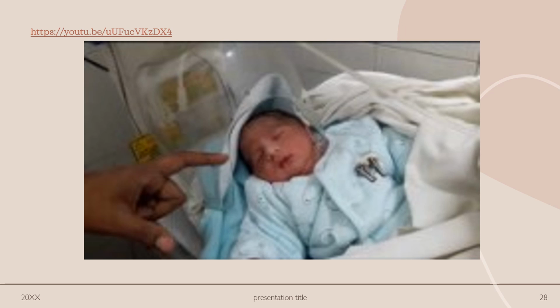And he just mentioned that this baby was a C-section delivery. Now this baby does look a little small, maybe late preterm baby.